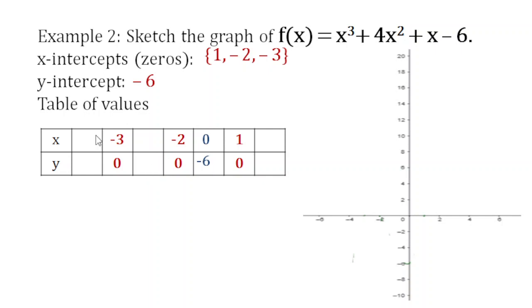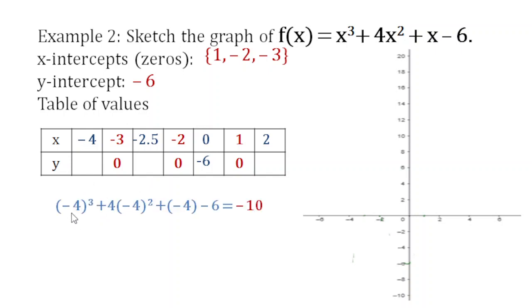Now we can assign numbers here, so any number before negative 3 and any number between negative 3 and negative 2 and any number after 1. So let's say we can assign negative 4, negative 2.5, and then 2. Now we are going to find the value of y when x is negative 4, meaning we will plug in negative 4 here on all of our x's, and we will find the value of y.